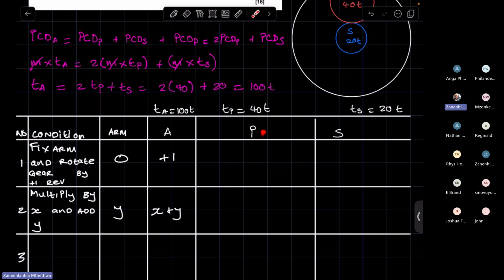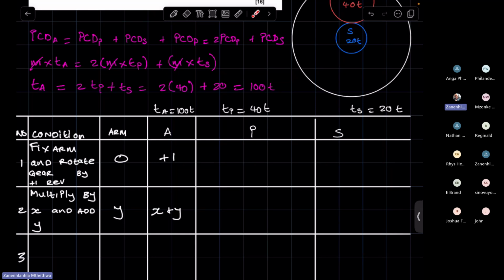The gear that meshes with the planetary gear is gear A. Well, it is also gear S, but you don't necessarily have any information here. Hence, we are going to use the annulus. So in establishing the relationship between the two meshing gears, you look at the relationship between the planetary gear and the annulus.